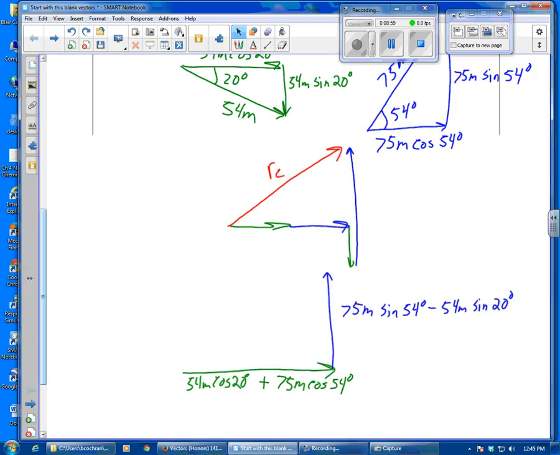So I'm going to figure out those values. You figure out your values. So let's see. Make sure you're in radians and you're in degrees.